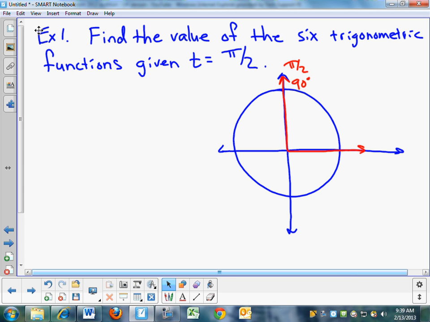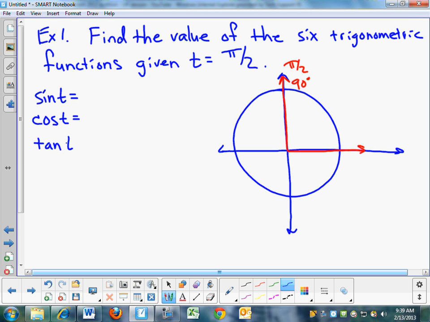So, if you want to identify the 6 trigonometric functions for that ratio, you would have sine of t, cosine of t, tangent of t, cosecant of t, secant of t, and cotangent of t. Right? So we've got all of those. So that's our goal. Well, in order to write those, what values do I need? X, Y, and R.